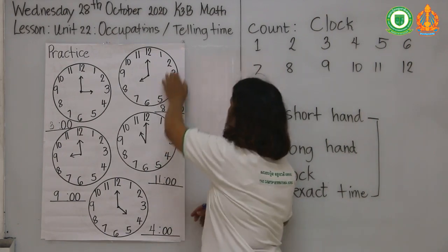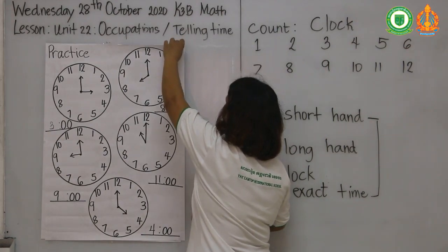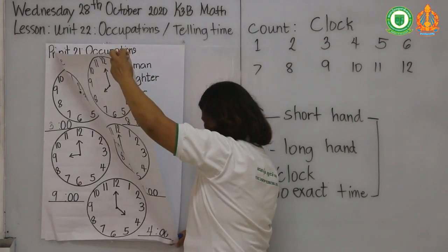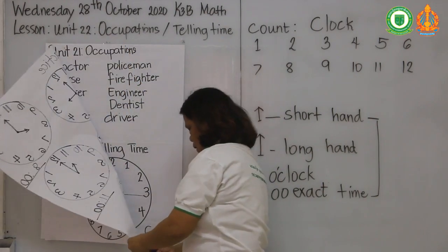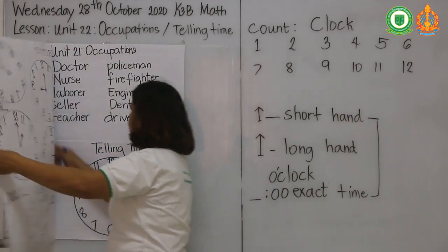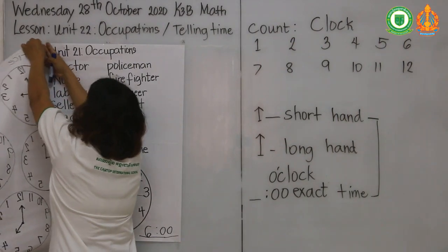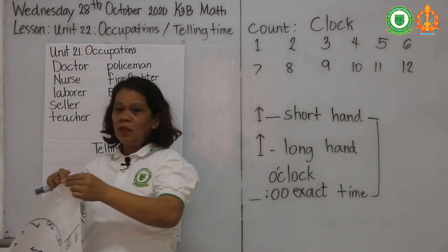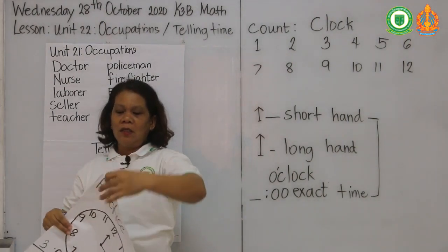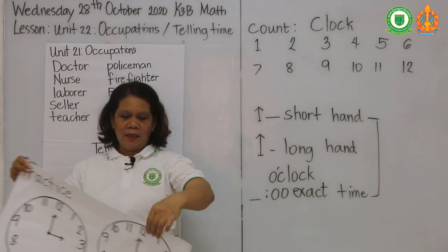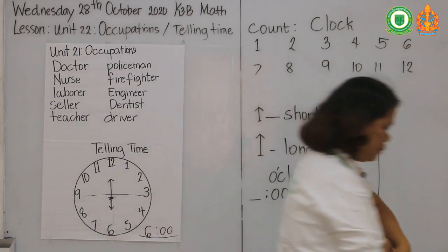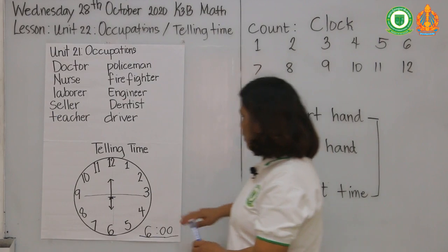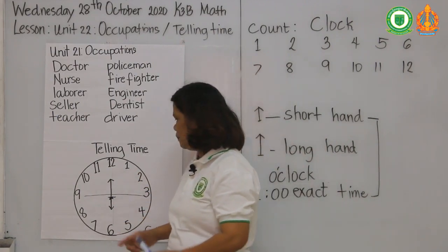I'm going to give you one activity before I give you your task. To review, in your notebook you're going to draw a clock. I want you to draw this one.